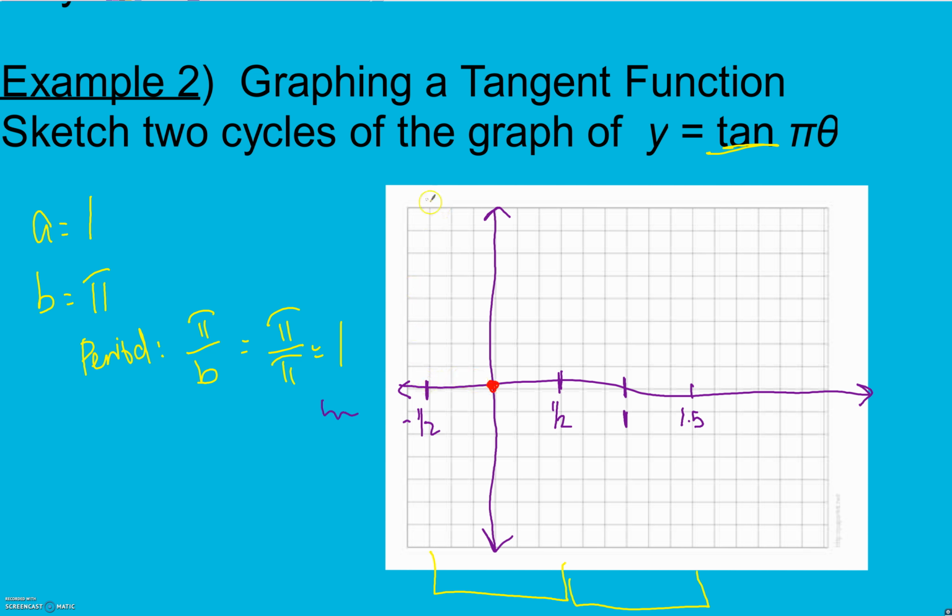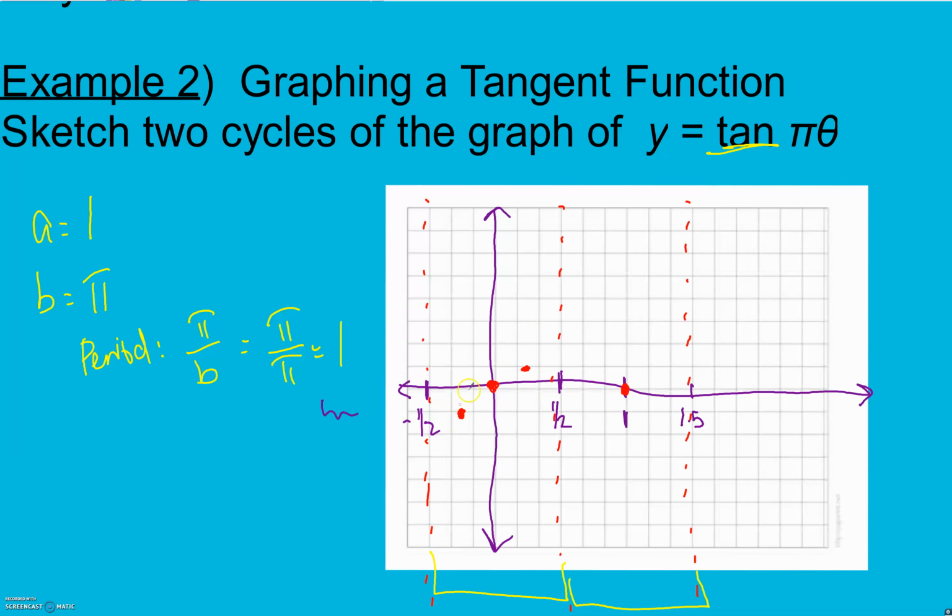And remember our endpoints are asymptotes. Middle are zeros, and halfway in between, so here it's going to be like 1 1/2 over, is a point at 1, and a point at negative 1.